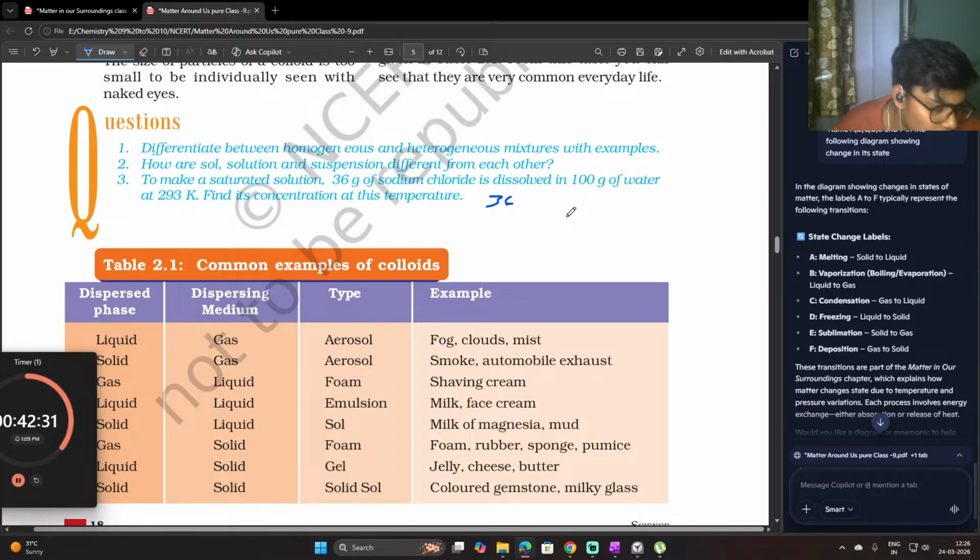293 Kelvin means how many degrees Celsius? 20 degrees Celsius, right?